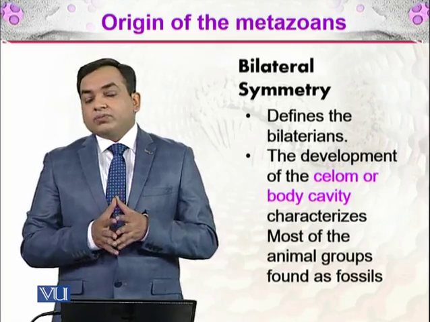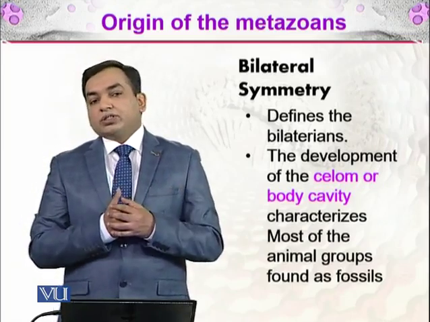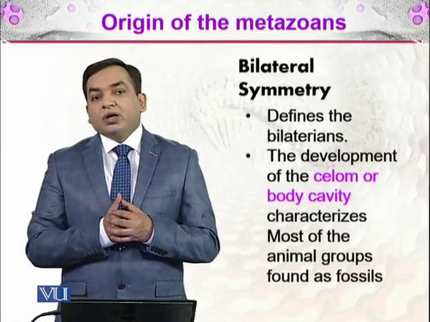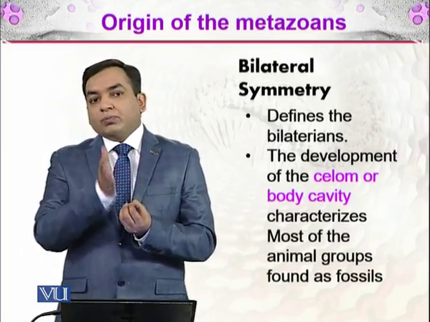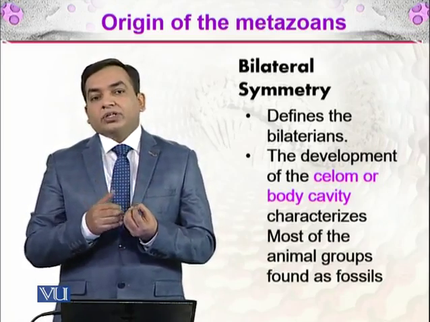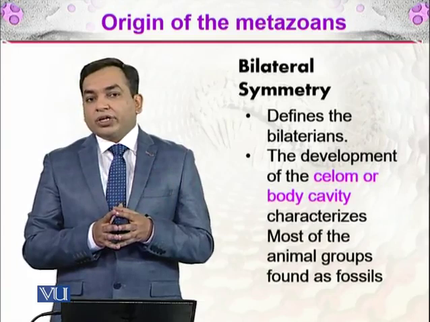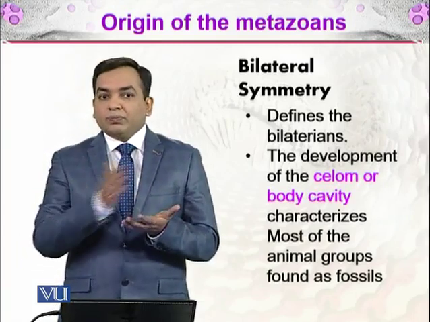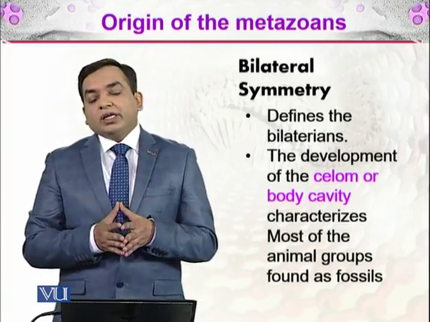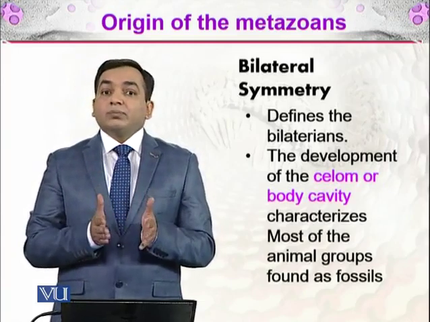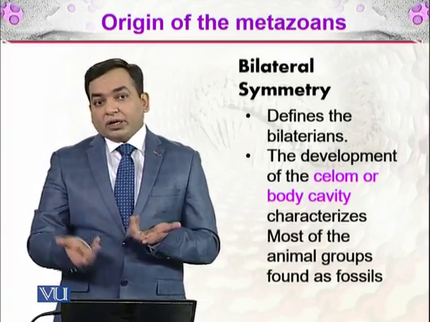And then there come the symmetries, right? One symmetry is called radial symmetry. In radial symmetry, you cut the body in any plane that you want, and the organism will be the same. Both the cut parts will be the same. In bilateral symmetry, you can cut the body only in two parts, just like a human.